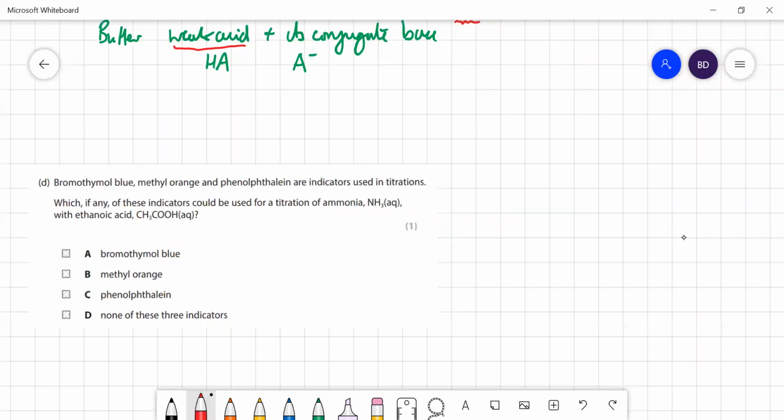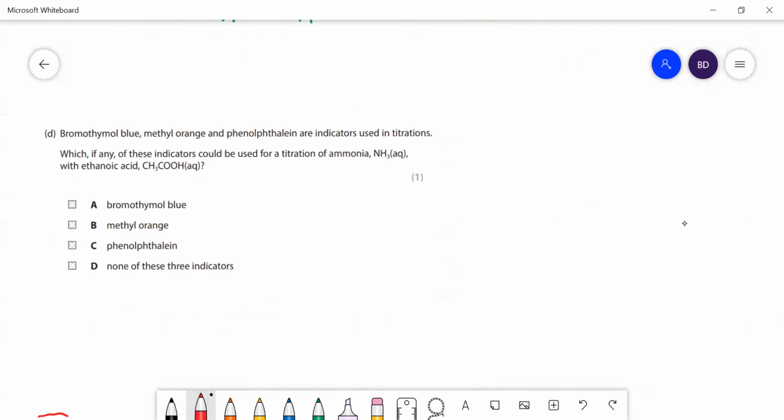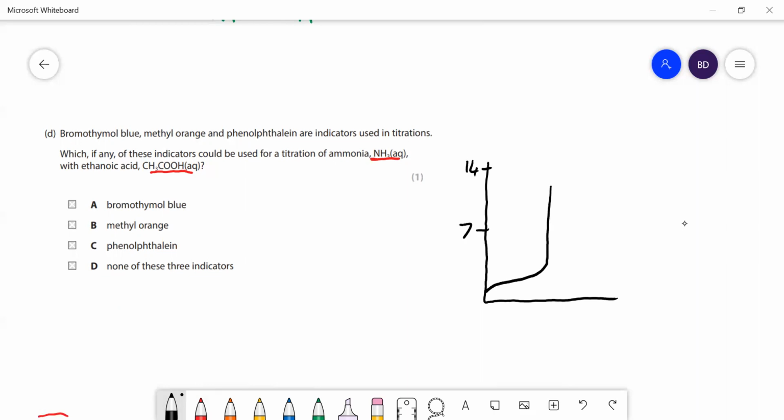Bromothymol blue, methyl orange, and phenolphthalein are indicators. Which of any of these indicators could be used in the titration of ammonia and ethanoic acid? Well, you couldn't do a titration with an indicator there. Here is a titration curve. This is a strong acid, strong base. It would be like that. A weak acid, strong base, you get something like that.